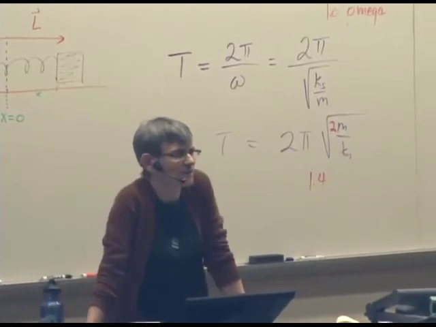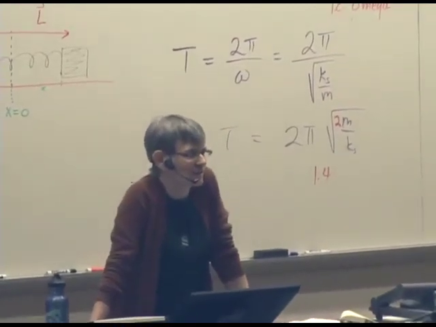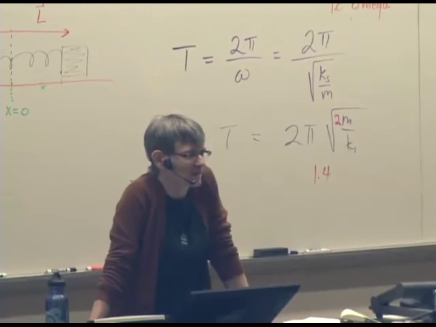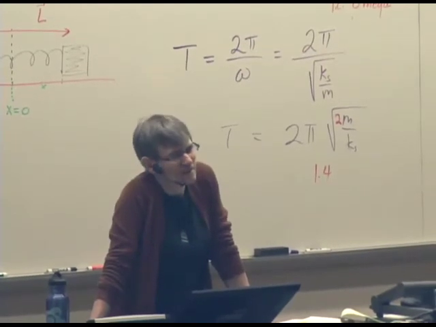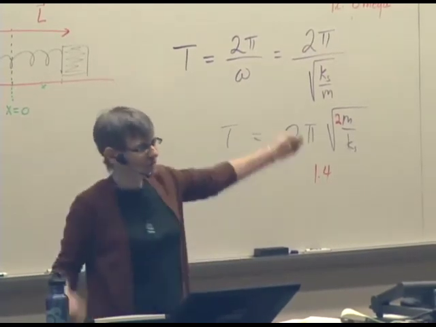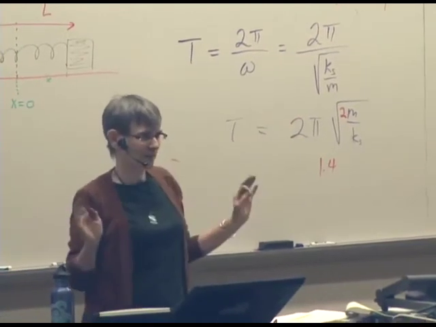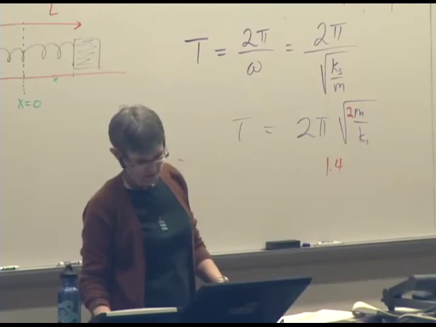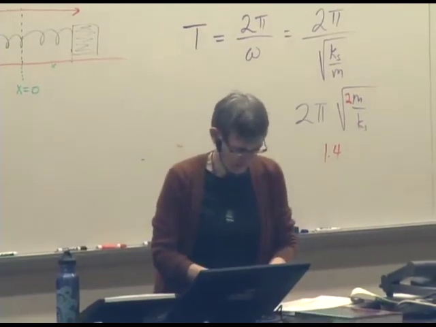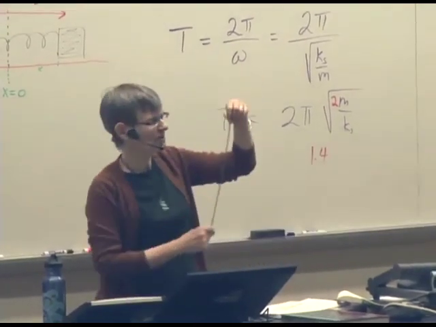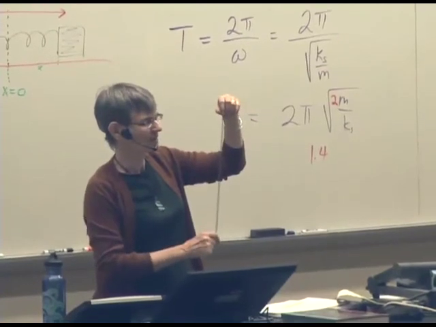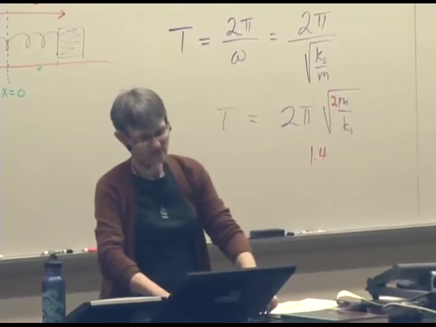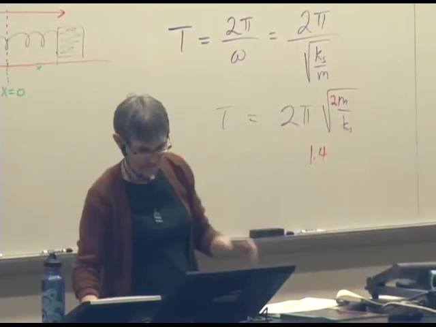Okay, questions about that? You're right that the period goes up, but you have to actually look at the algebraic expressions we've got. Okay, questions about that? So have you tried this in lab, doubling the mass, looking at the changes in period? Yeah. Try it.